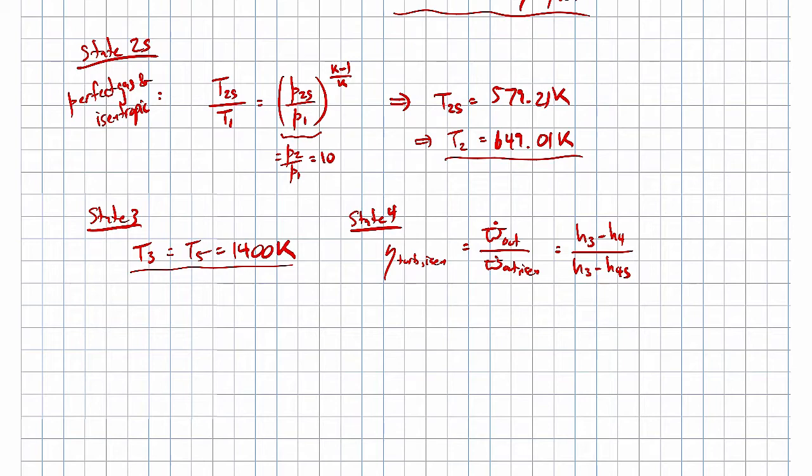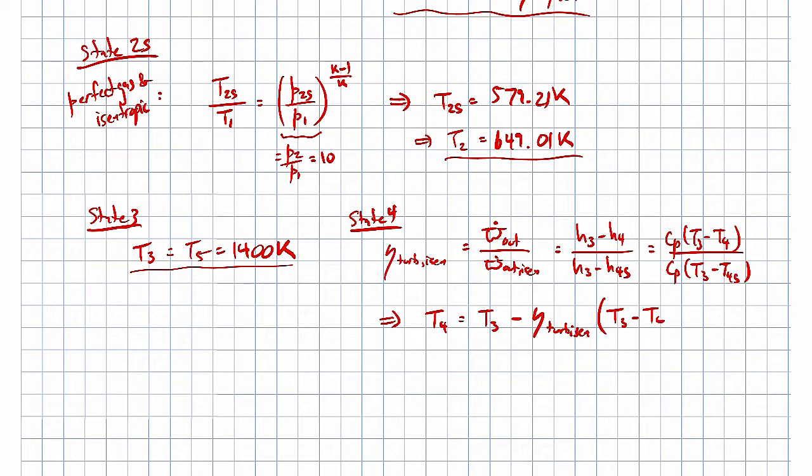And since we're dealing with a perfect gas, it'll be Cp times T3 minus T4 all over Cp times T3 minus T4S. And if we do some rearranging there, we'll get T4 is T3 minus the turbine isentropic efficiency multiplied by T3 minus T4S.